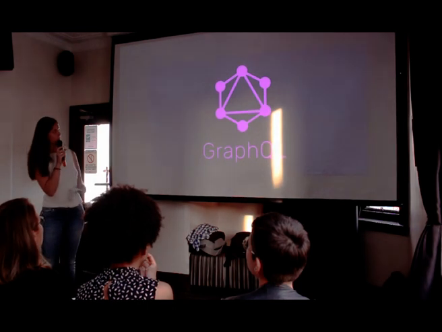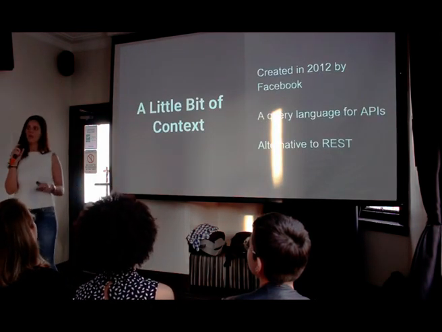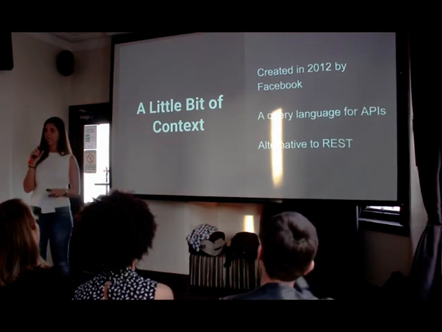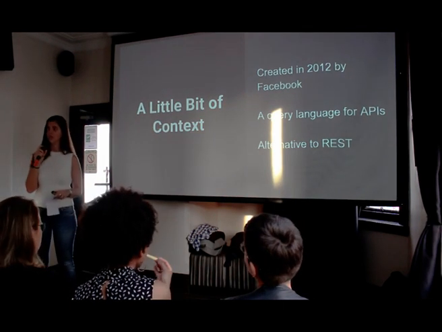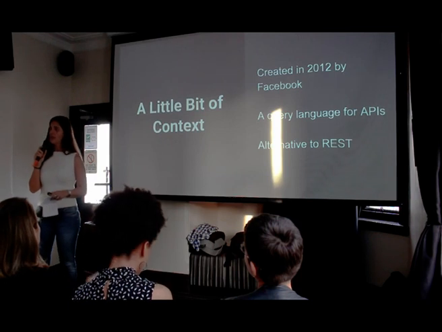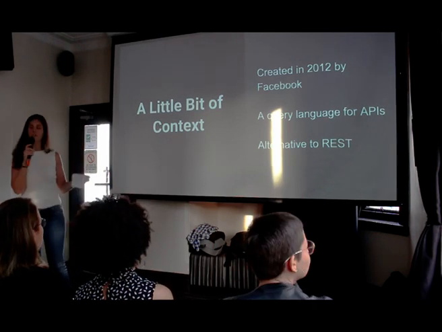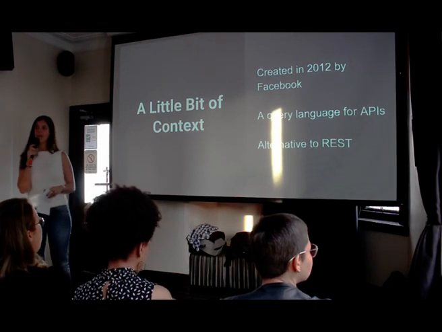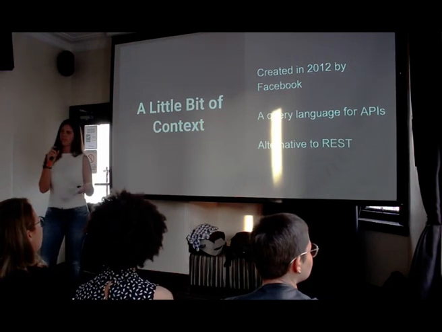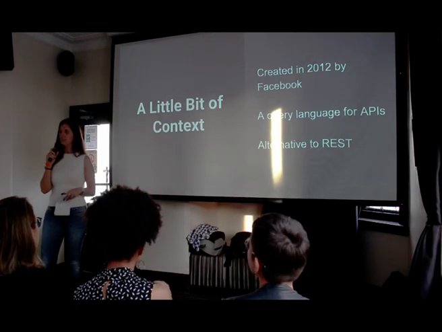So GraphQL. To give a little bit of context on what GraphQL is: GraphQL was created in 2012 by Facebook. It is defined as a query language for APIs, and it was developed as an alternative to REST.